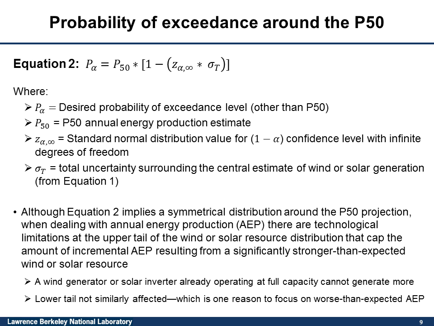For example, if your wind project is already operating at full capacity because of strong winds, then you're not going to get any more incremental production out of a further increase in wind speed. So that leveling off at the upper tail complicates things a little, but fortunately, in this paper, I'm focusing on worse than expected outcomes rather than better than expected outcomes, and the lower end of the resource distribution is not similarly constrained in this way.